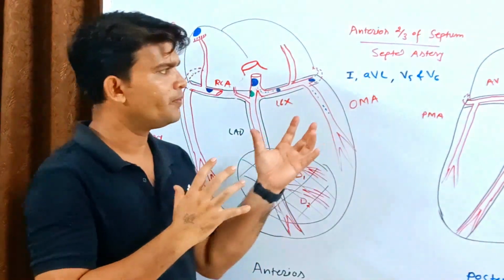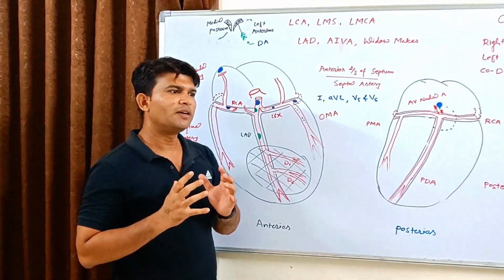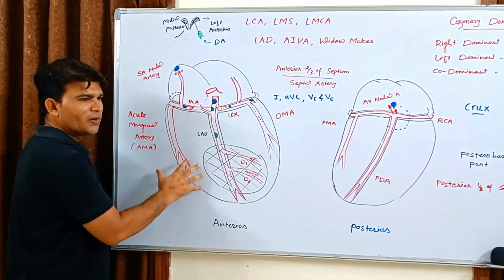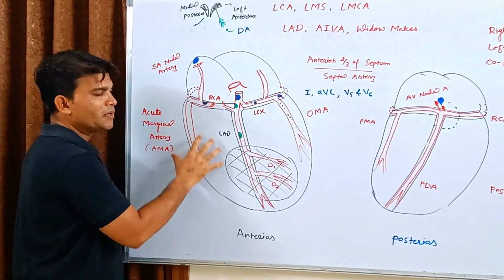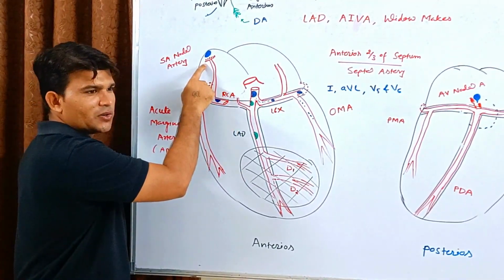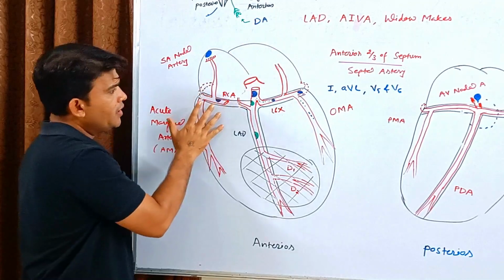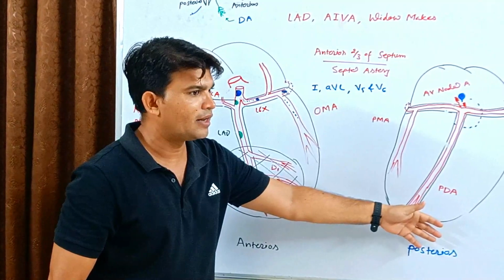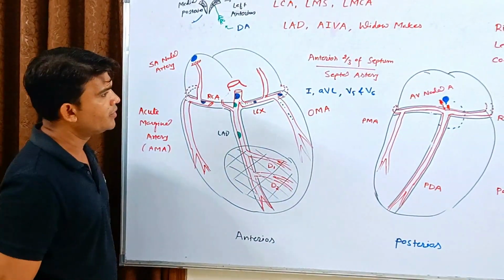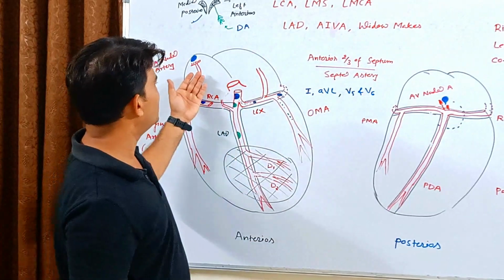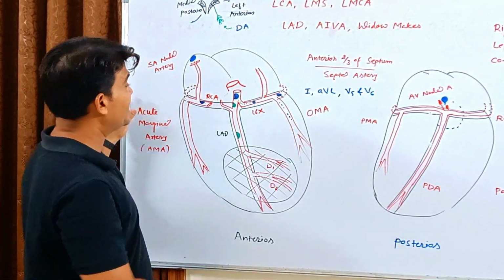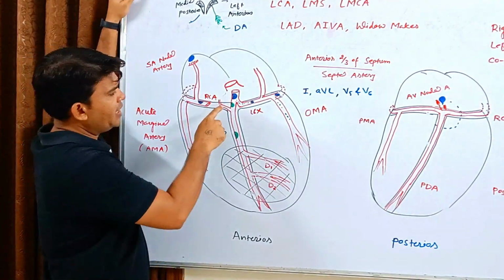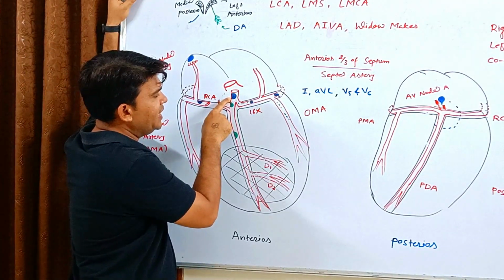I'm going to write down the territory of the RCA, the right coronary artery: the right free wall of the right ventricle, then the SA nodal artery, SA node, AV node, then the posterobasal part of the heart, and the right atrium. So these are the territory of the RCA.